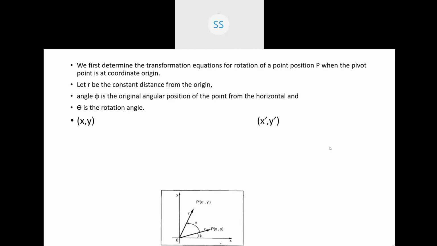We have a point P, which has the coordinate values x comma y, and I need to rotate it by an angle theta and place it in a new position called x dash y dash. So how do I go about it? How do I find the equation for my transformation for rotation?